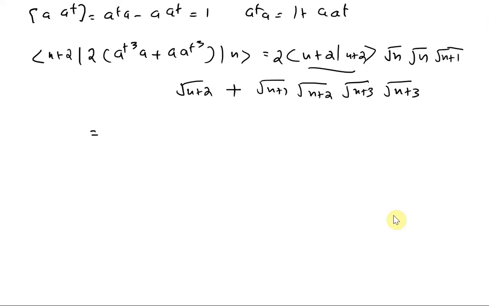So 2 is common here. Okay, 2 is there in this case also, so I'll take 2 common. 2 and root n plus 1, root n plus 2, both are common, so I'll take all together root n plus 1, root n plus 2, and what is remaining here in the first term is nothing but n, right? n plus, here n plus 1 and n plus 2 is taken, n plus 3, so this is again 2n plus 3 into 2, right?